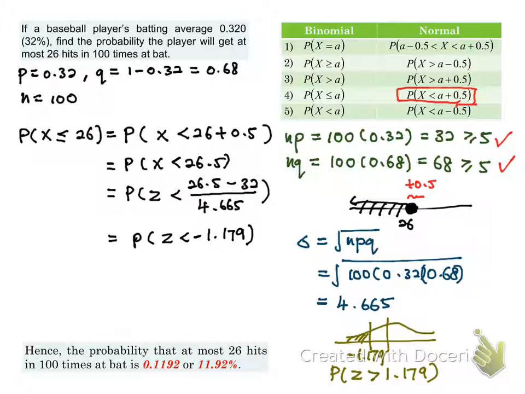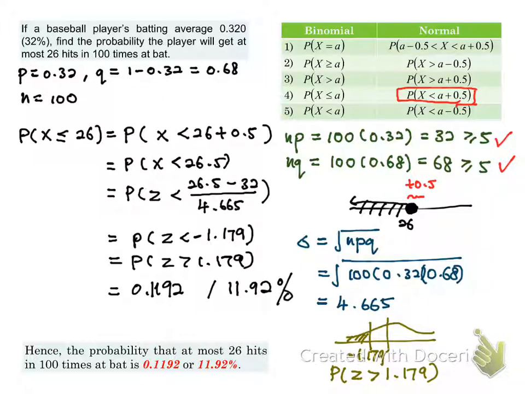Now you can set up the equation step by step. So what is the answer you get? 0.1192. Is it the same? If you want to convert it to a percentage, we get 11.92%. Clear?